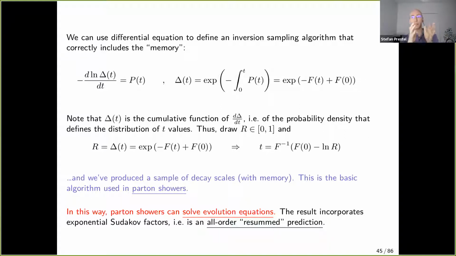This really is the basic algorithm of a parton shower, because once you split a particle, the decay products of that particle can split again and again and again, thus producing a decay shower that forms the structure of a jet of partons.